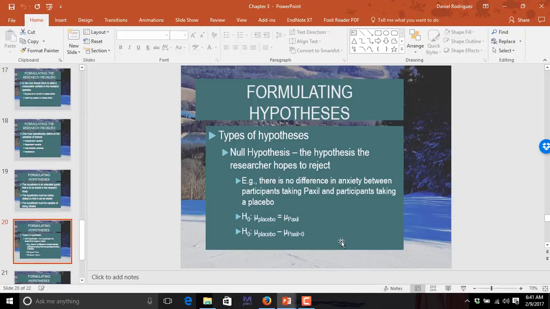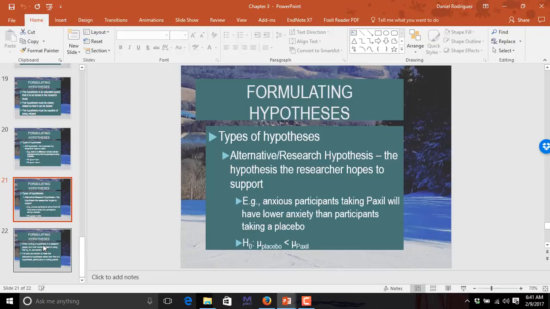All right, let's move on. In formulating our alternative hypothesis, this is going to be a tricky part. Our alternative hypothesis can take on many forms. Let me check my next slide.